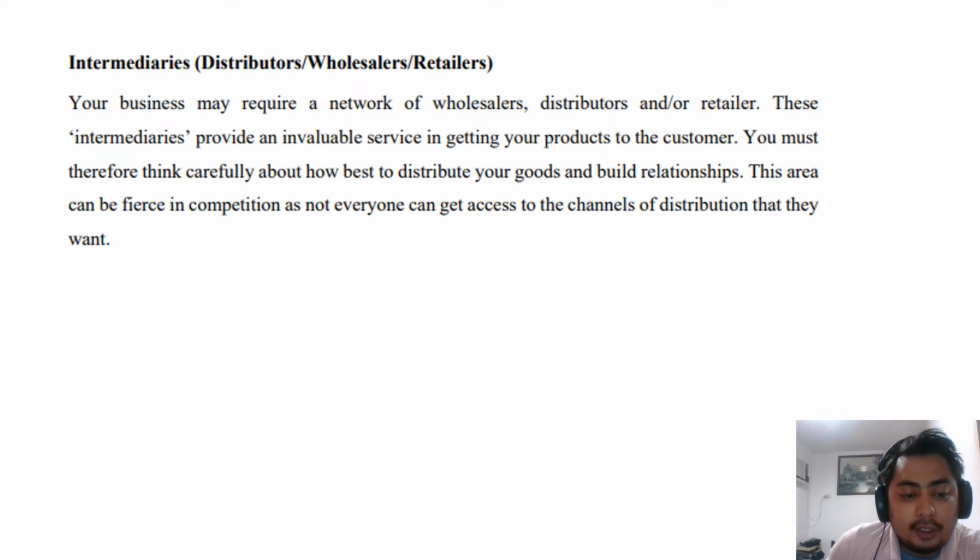Then, another example of microenvironment is intermediaries. Either distributors, wholesalers, or retailers. Your business may require a network of wholesalers, distributors, and or retailers.